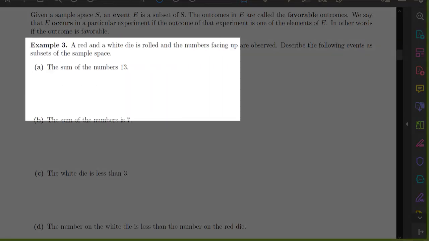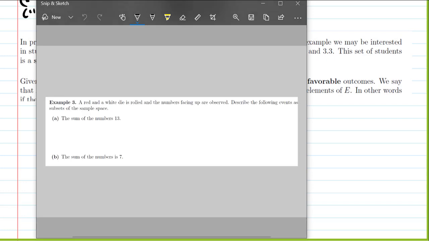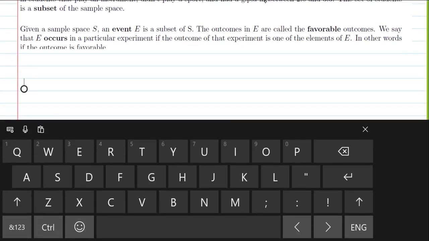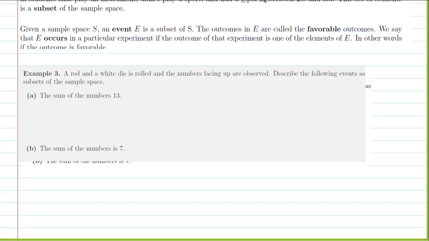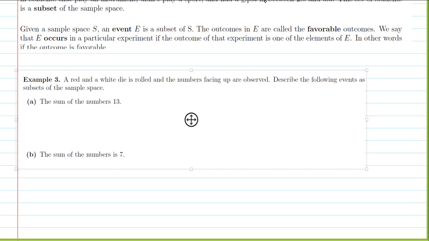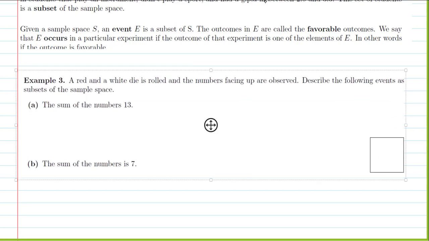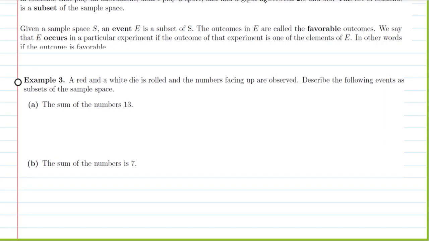All right, so let's take a look at our first couple of examples in example 3. A red and white die is rolled, and the numbers facing up are observed. Describe the following events as subsets of the sample space. A, the sum of the numbers is 13.